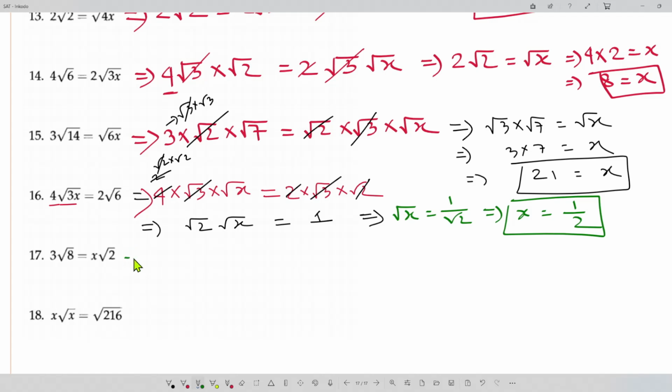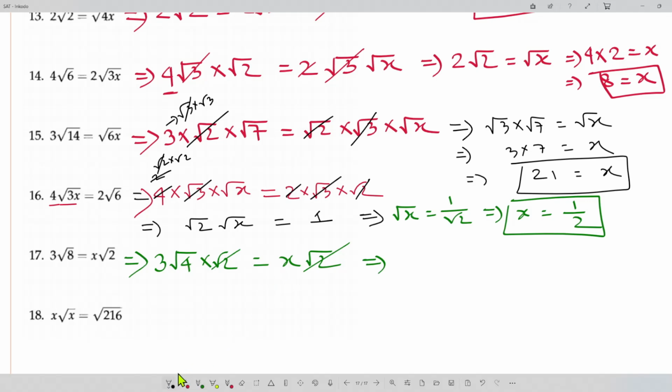Number 17. 3 root 8 equals x root 2. So this 3 root 8 we can write as 3 root 4 times root 2, okay, equals x root 2. So this root 2 and this root 2 we can divide. So here is 3 root 4 equals x.